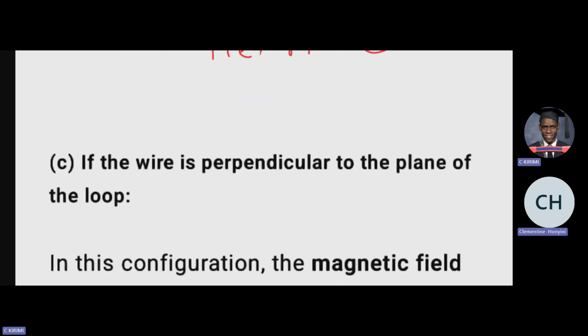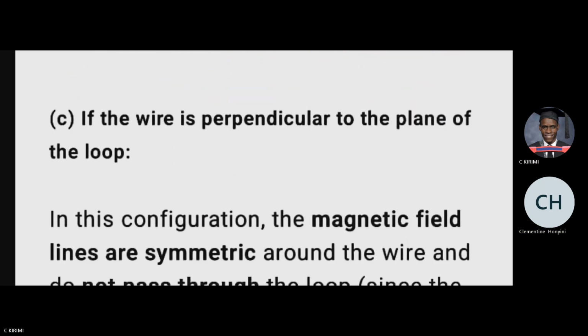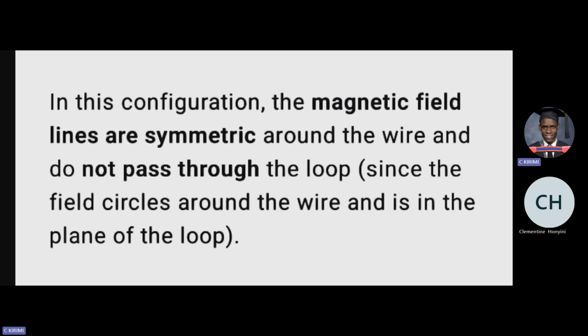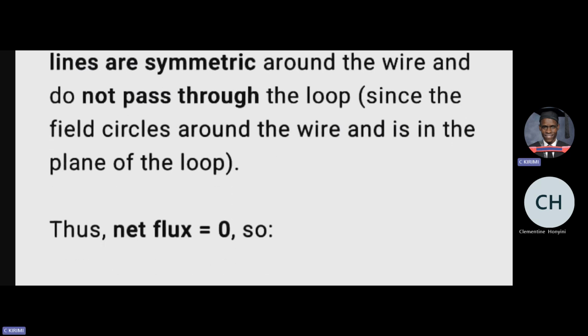If the wire is perpendicular to the loop, in this configuration the magnetic field lines are symmetric around the wire and do not pass through the loop, since the field circles around the wire and is in the plane of the loop. So the net flux is equal to 0.